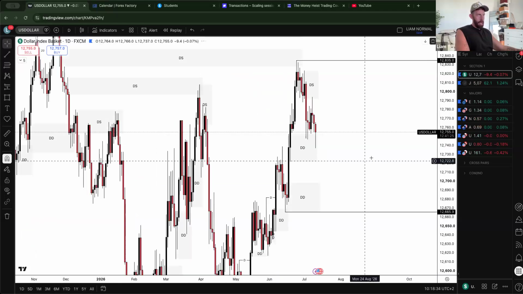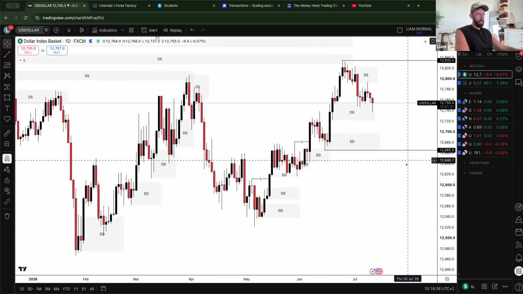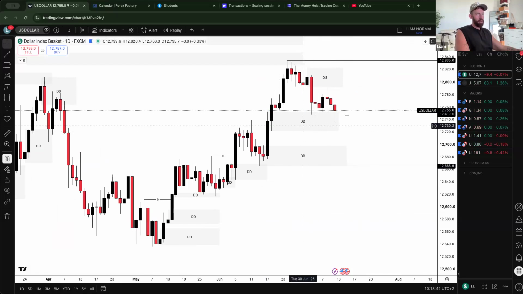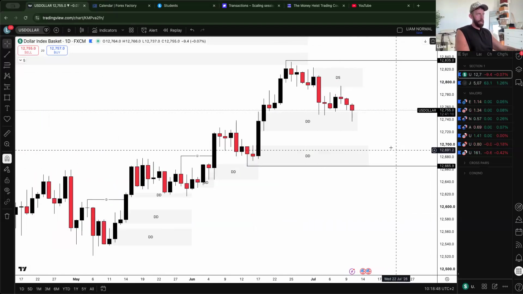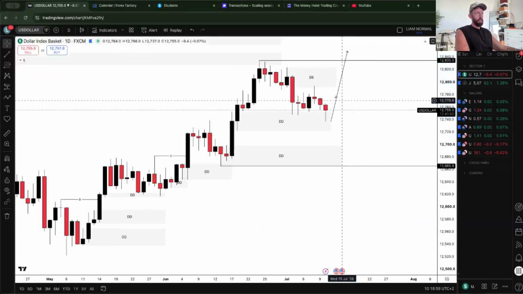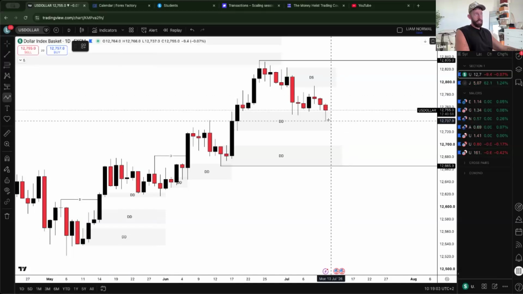So let's have a look at what's going on. What has happened since we last came on here yesterday? We're still inside of this daily demand area. We've had a beautiful reaction from that daily supply area, which we have been discussing this week. Two thoughts straight away. I'll explain why we are in a 4 hour demand area inside this demand. So are we going to now see this? That's one scenario. Or are we going to see a reaction?